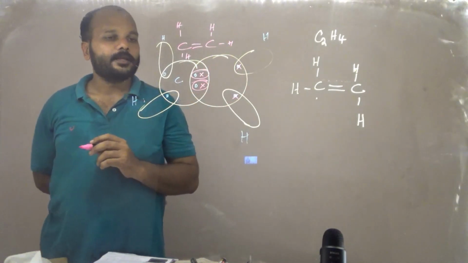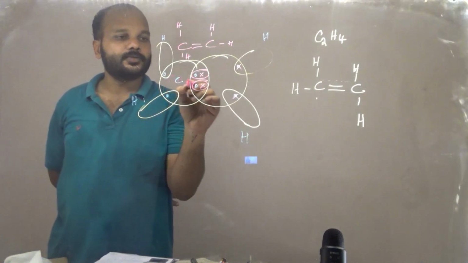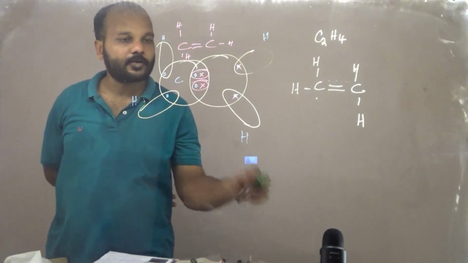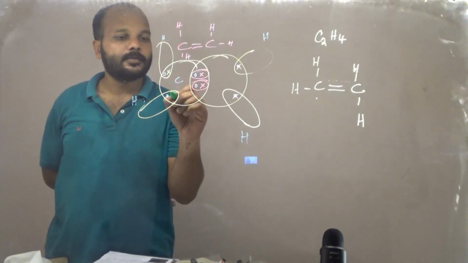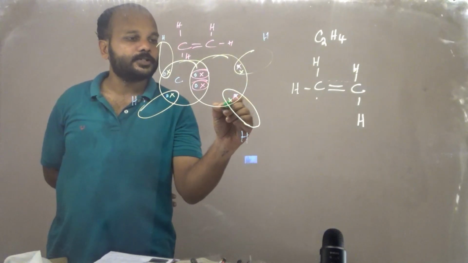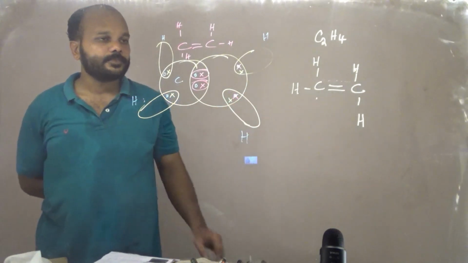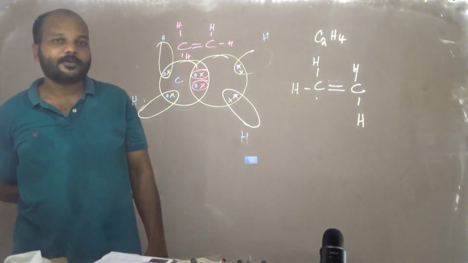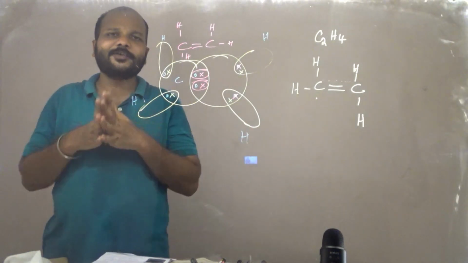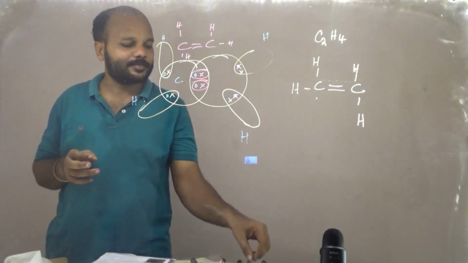The hydrogen atoms' electrons are going to occupy here, here, here, and here. So this is how the electronic arrangement of the molecule comes, and it is mostly in the form of these two carbon atoms.